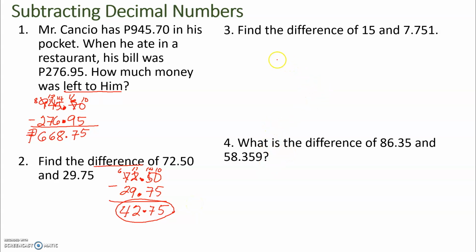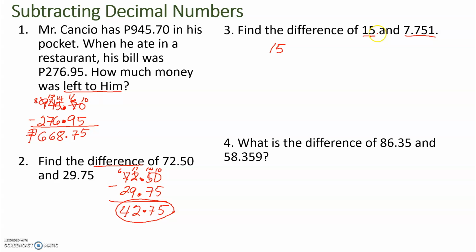Our third example is find the difference of 15 and 7 and 751 thousandths. Okay. So our minuend here is a whole number and our subtrahend is a decimal number. Okay, so 15. Do you know that 15 as a whole number can also be a decimal number? It happens that our decimal here is invisible.